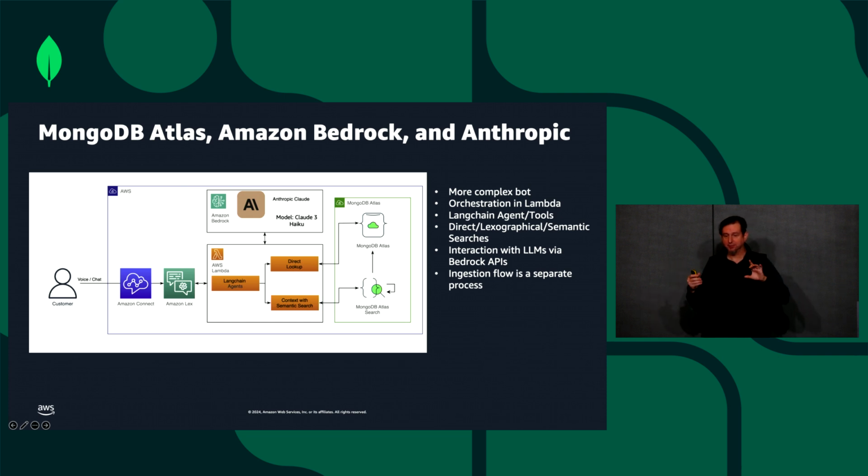Basically, these are pieces of code. In Lambda, in code, it actually is a function with a description that the model decides to use. Based on the user query, the model may decide to use a direct lookup within MongoDB Atlas, or lexical search, or you can do semantic search. That decision is made by the model, not by you.